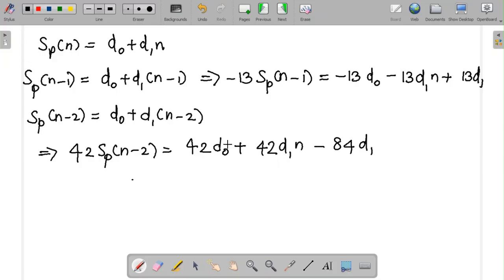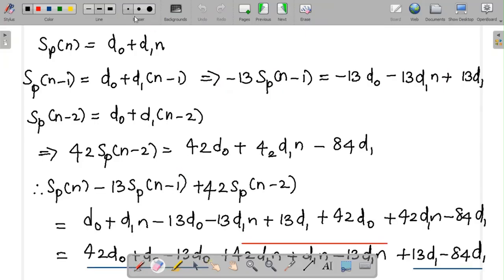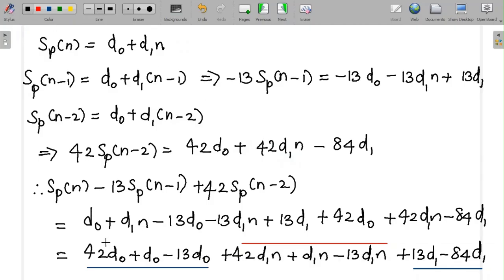So using all these terms in the recurrence relation, we have a nice little expression for the particular solution of the problem. We have d naught plus d1n. We have minus 13 d naught minus 13 d1n plus 13 d1 from here.